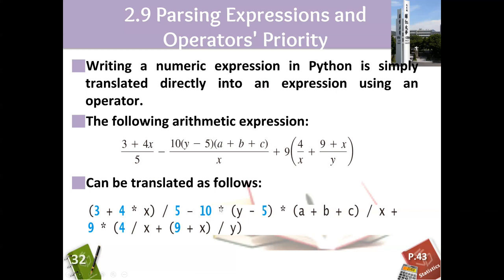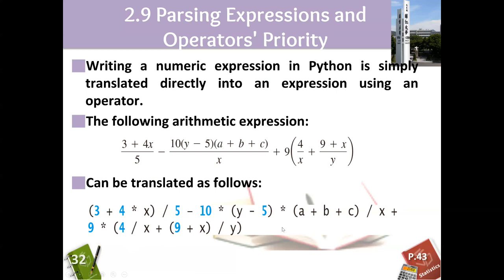Because multiplication and division are at the same level, you do not have to use the parentheses first. But when we come to another part with a plus, then this is really another part. And this has a big parentheses, so you have to do that first.